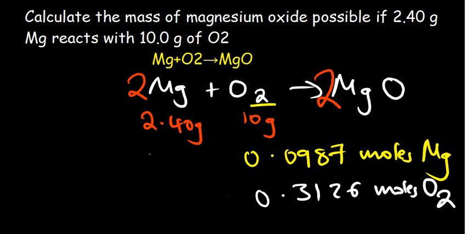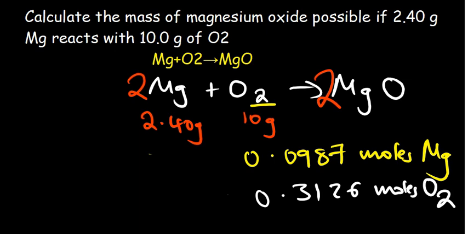So now, which one is limiting between the two? Is it oxygen or magnesium? Which one is the limiting reagent? We've calculated the number of moles, so we can use the number of moles to determine how many moles are to be produced.